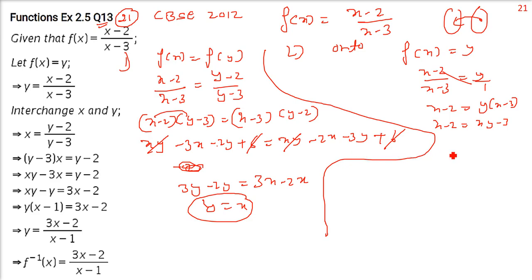x minus 2 equals xy minus 3y, so x minus xy equals 2 minus 3y.